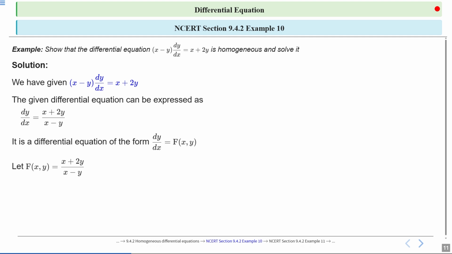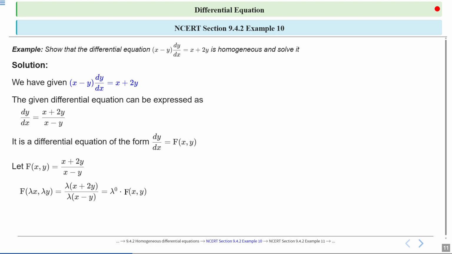Now to check whether the function f(x, y) is a homogeneous function of degree 0, we just replace x and y by lambda x and lambda y. So in place of x write lambda x and in place of y lambda y. So we get (lambda x plus 2 lambda y) by (lambda x minus lambda y). Lambda cancels out.